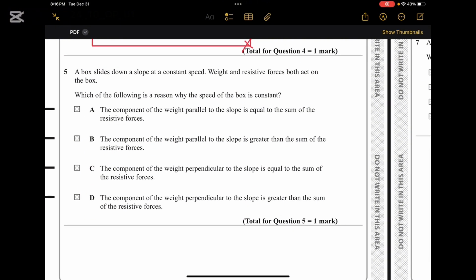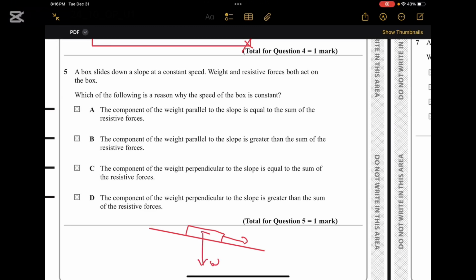What they have written is a box slides down a slope at constant speed. Weight and resistive forces act on the box. Okay, let's draw the box right now. Here it is, the box. So when the box is sliding down, this is the weight that is acting.